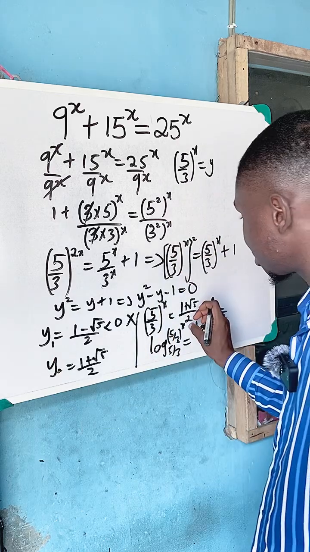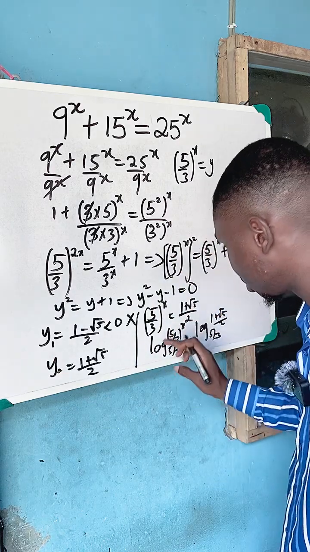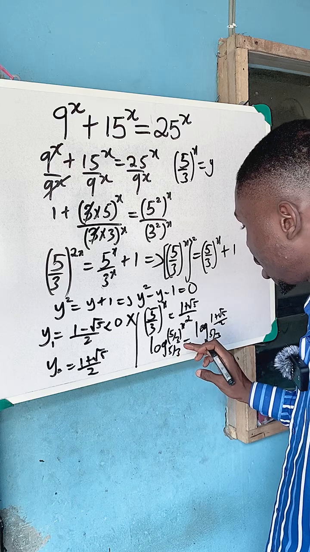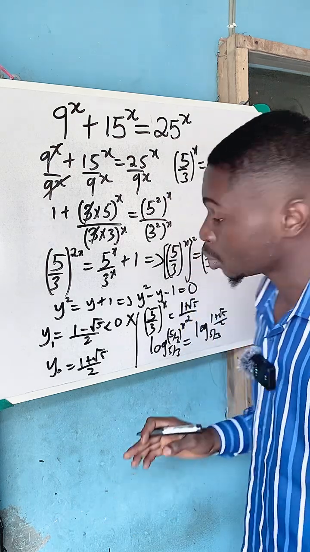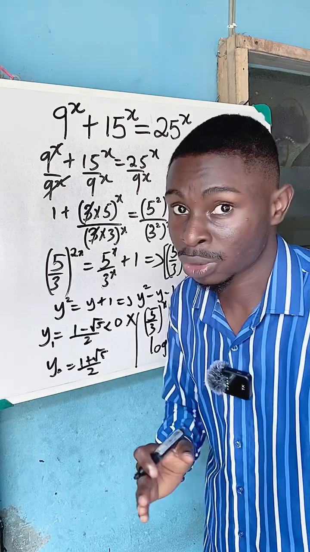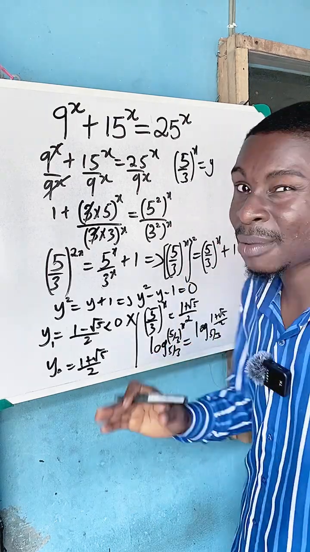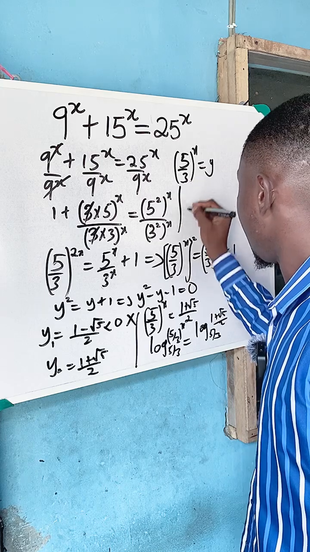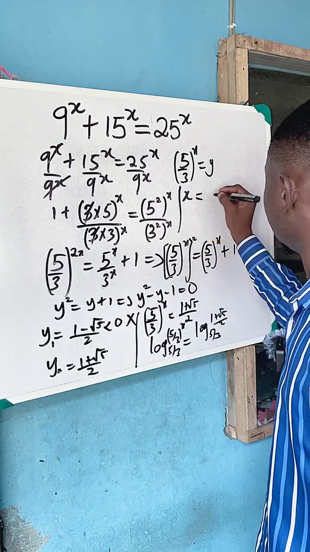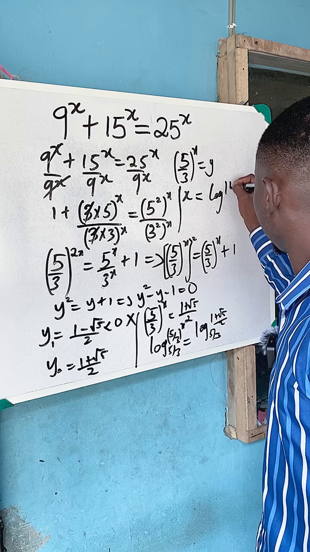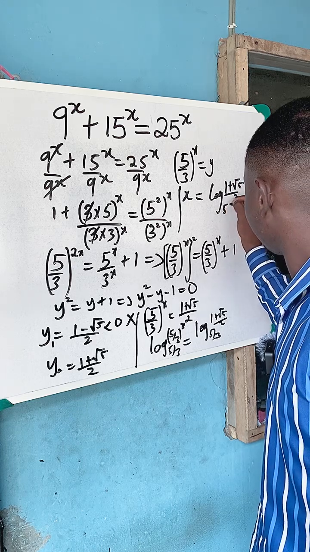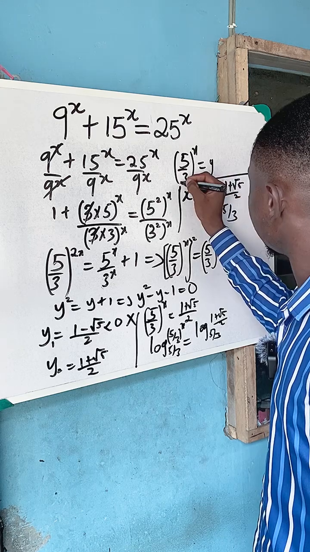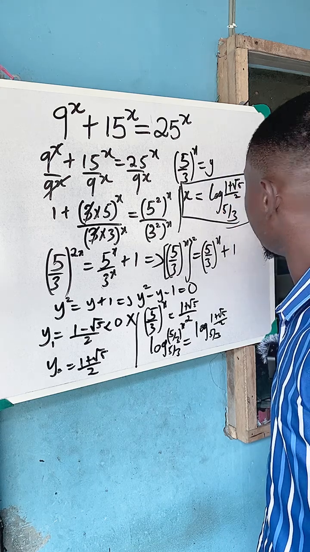So x multiplied by log 5 over 3 base 5 over 3, and log of the same base is always equal to 1. So x times 1 is x, which is equal to the log of 1 plus the root of 5 divided by 2 in base 5 over 3. So this is the required solution to this Olympiad math question.